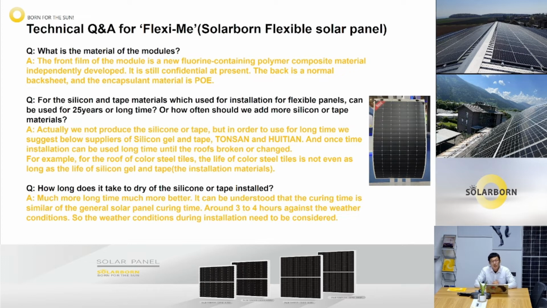Actually, we do not produce the silicone or tape, but in order to use it for a long time, we suggest the suppliers of silicone gel and tape below, like the brands Tongshan and Huitian. These are the two brands in China, and once-time installation can be used for a long time until the roof is broken or changed.